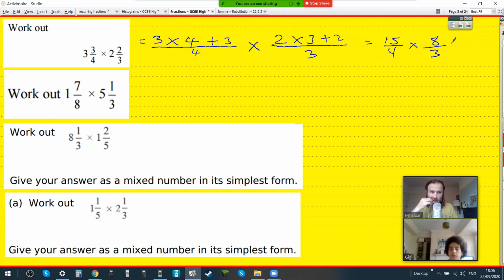It would be 120 over 12, which is equal to 10. I believe. Oh yeah, 10. 18, 20, 12, 10. Great.